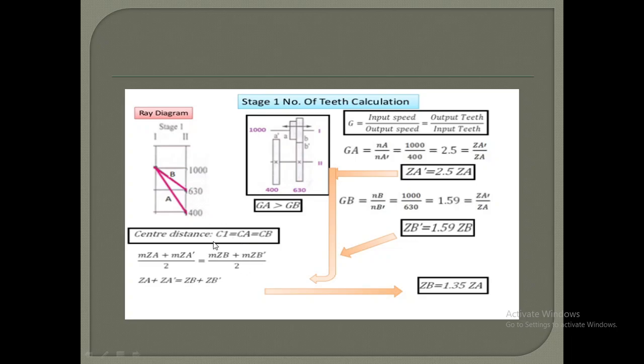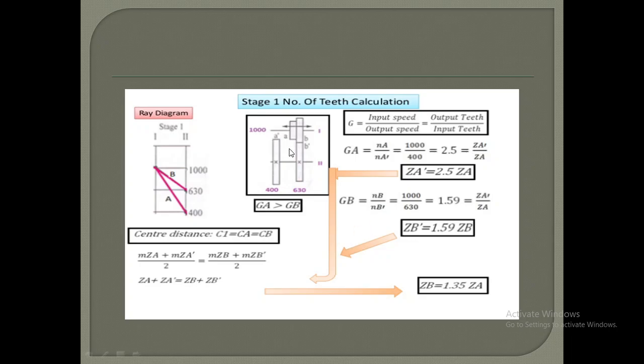This center distance is always the same. If the gear pairs on the parallel shaft have the same module, then remember that the sum of the number of teeth on the mating gear must be the same. Remember that this A means the number of teeth on the first gear pair.